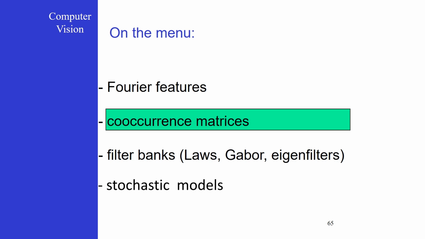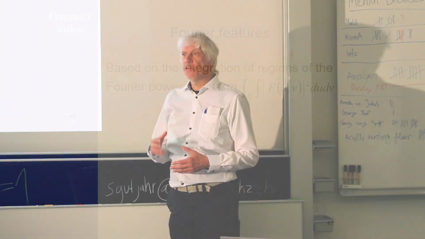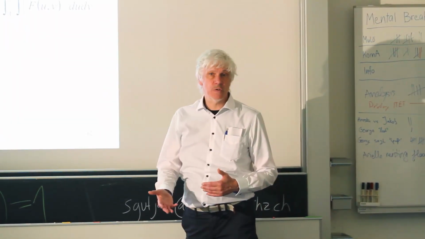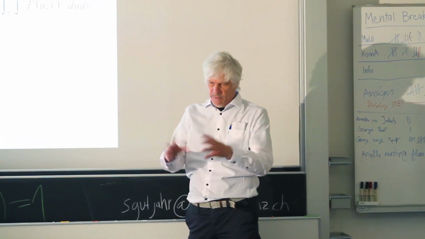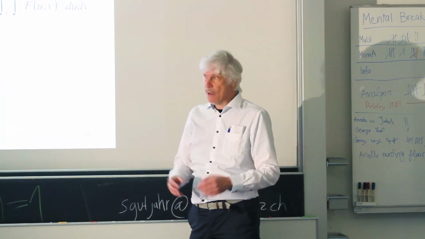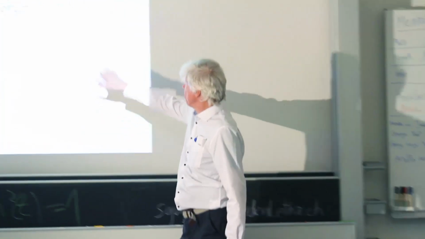Remember, if we do a Fourier analysis, we in fact say how much energy there is for different frequencies in different orientations, because we're dealing with these 2D patterns now. We have orientation in addition to frequency. All nicely summarized in this power spectrum.